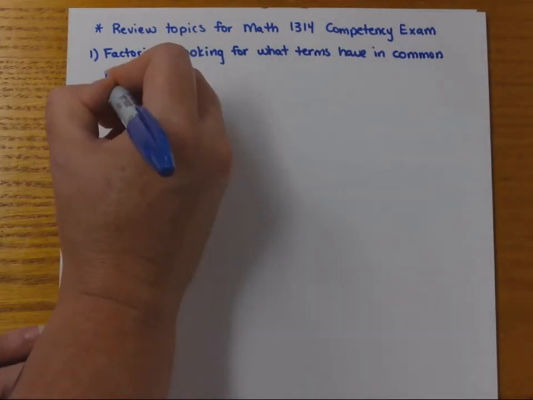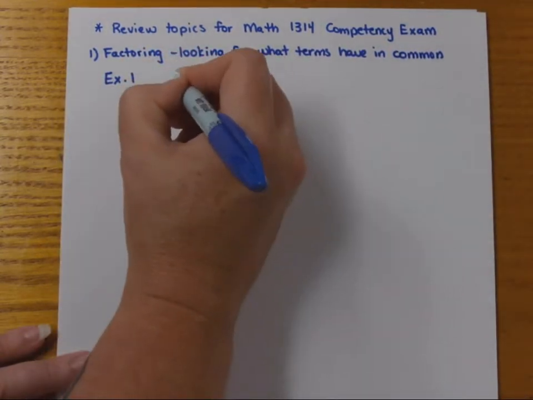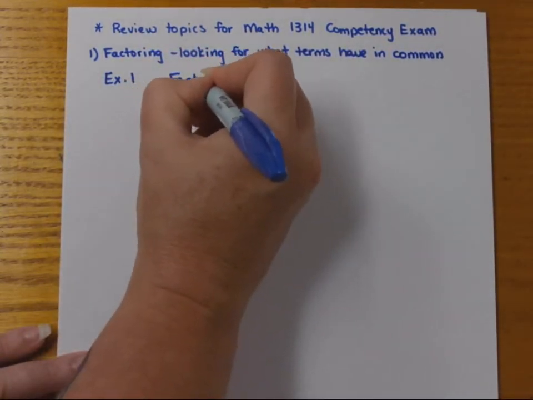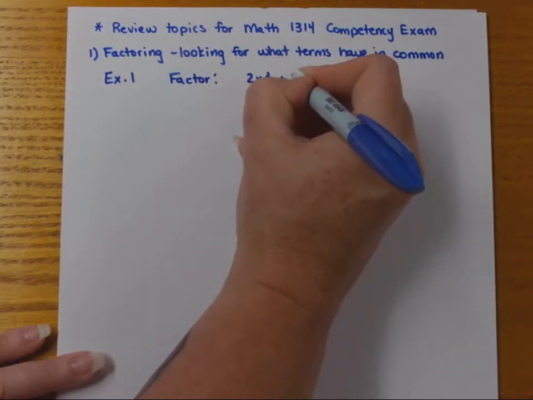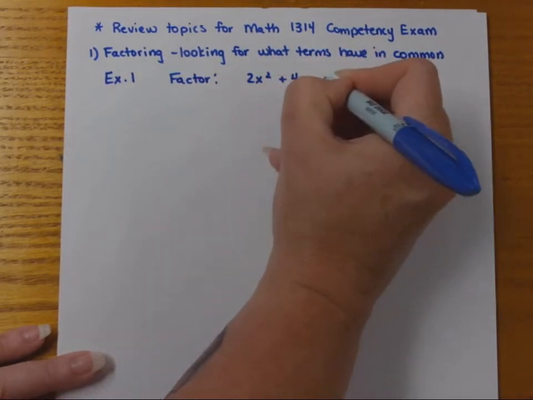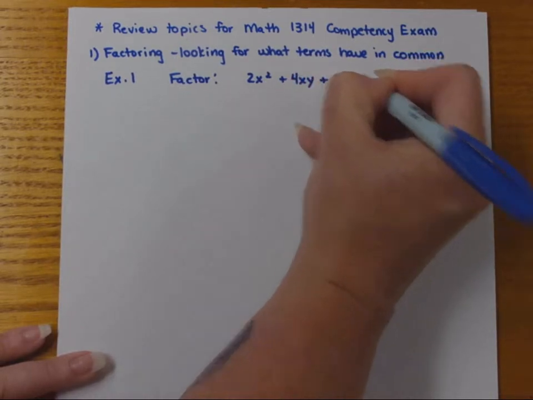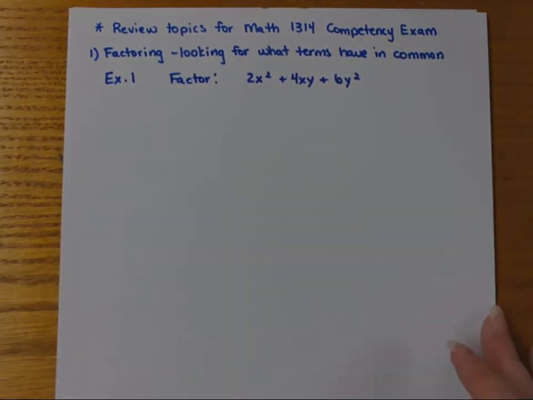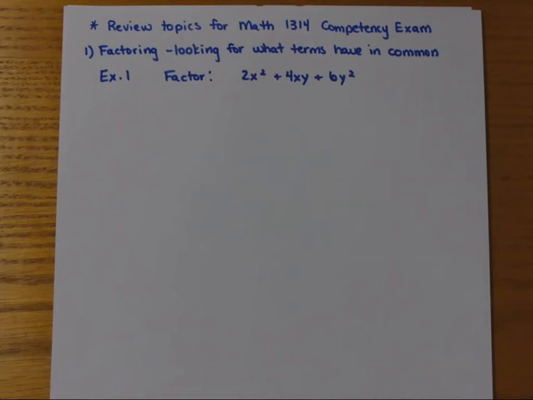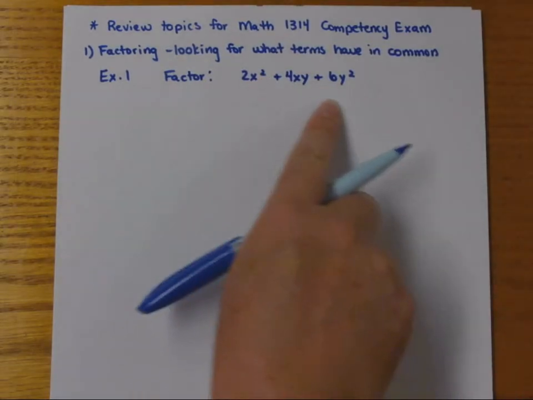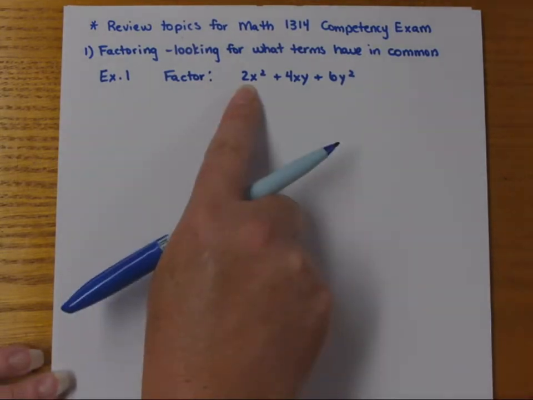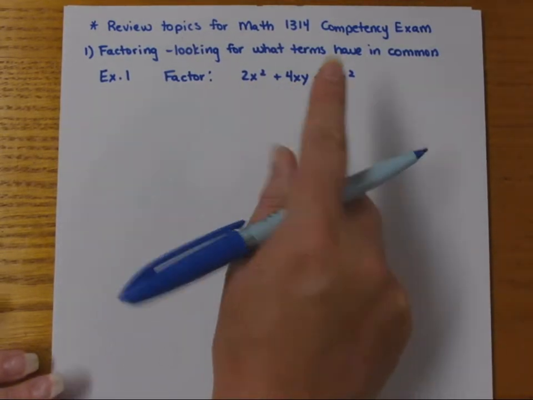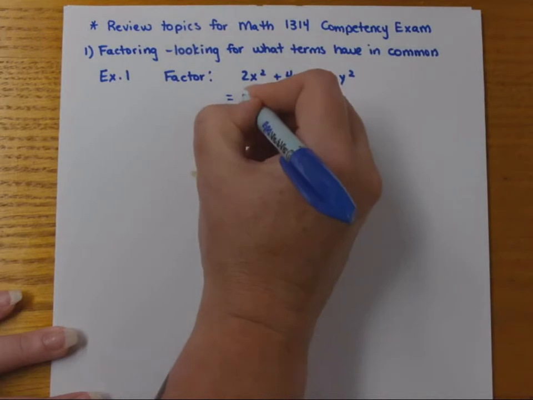Okay, so you might get something like this, where you're asked to factor 2x squared plus 4xy plus 6y squared. If you were asked to factor this, we don't really know a whole lot about factoring with x's and y's, and we're not really going to need to do that, but we can at least notice that I think all three of these terms have a 2 in them.